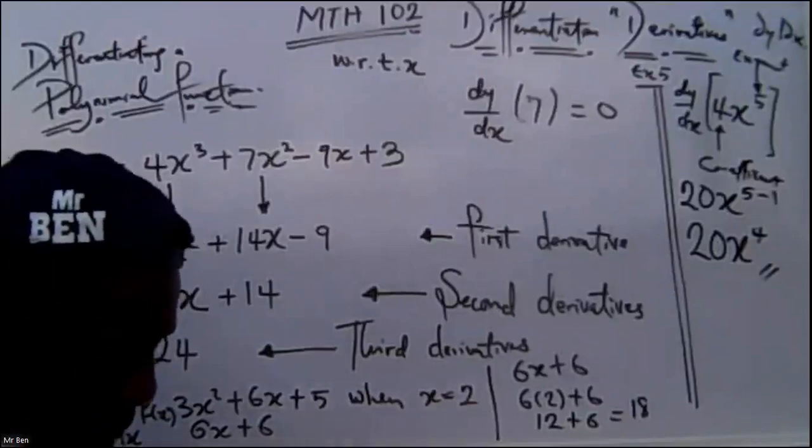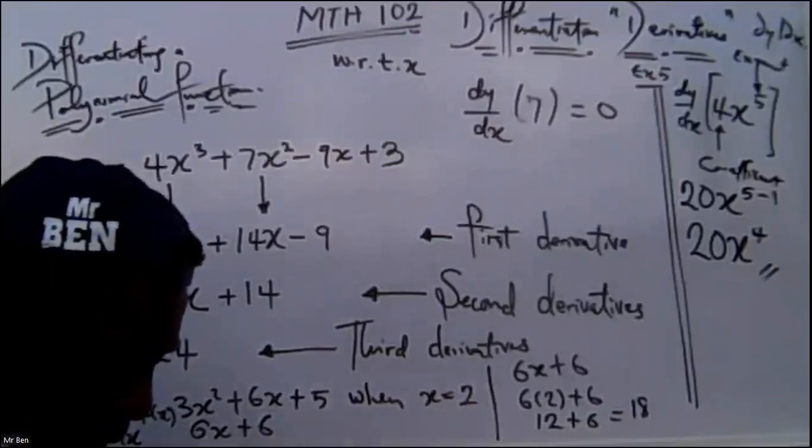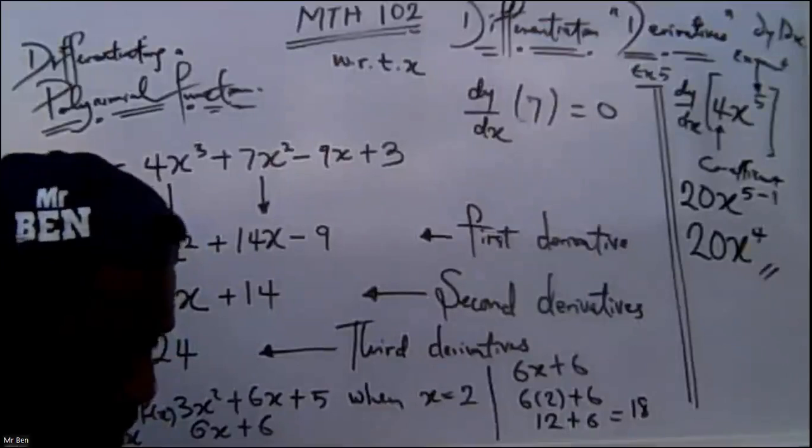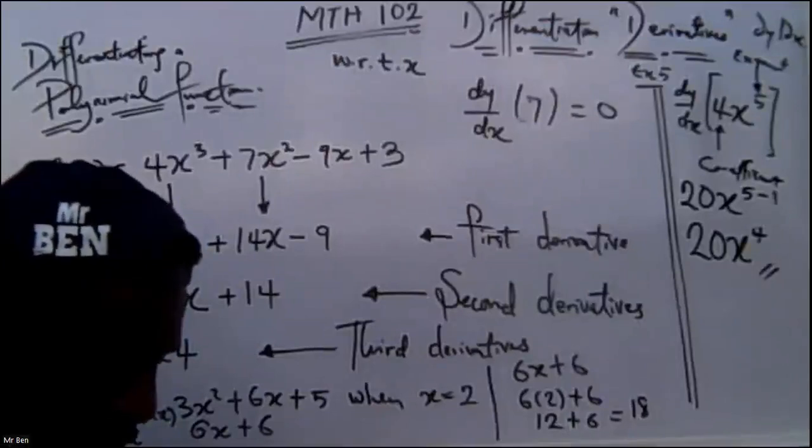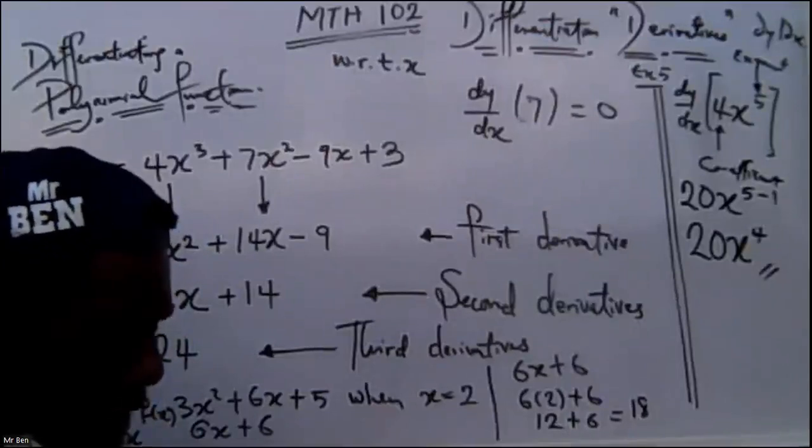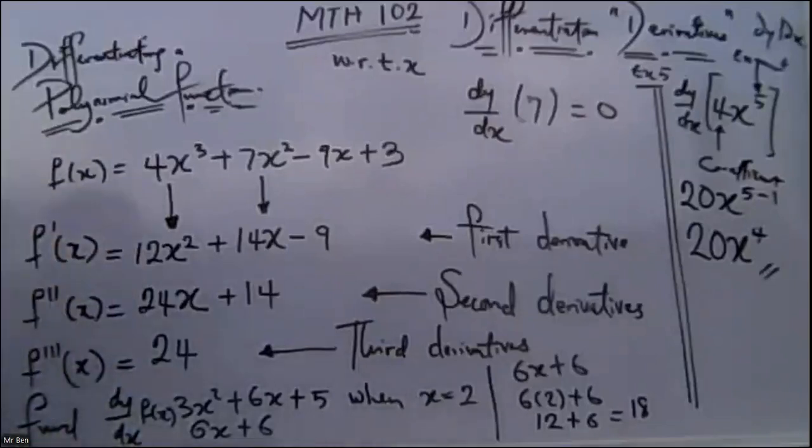Yes, sir. But hello, sir. You said that the derivative of any constant is 0. If our answer is 18, that means it will be 0. No, we are not differentiating 18. We have already differentiated this 3x squared plus 6x plus 5, and we have gotten 6x plus 6.